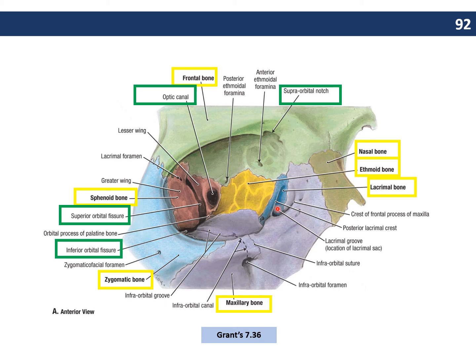Also, there is the lacrimal groove of the lacrimal sac and the inferior orbital groove, which, remember, one of the branches of the maxillary artery was the infraorbital artery, which went through the infraorbital groove and will exit the infraorbital foramen on the anterior surface of the maxilla.